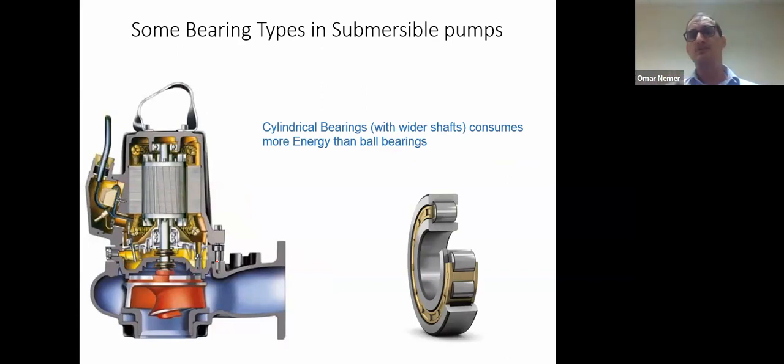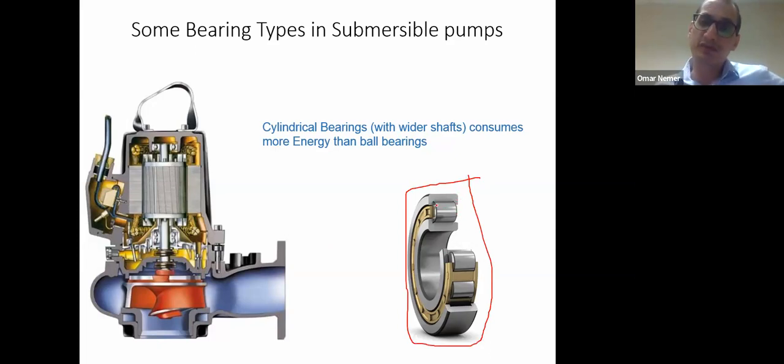But some types of submersible pumps, especially the big ones, which have very big radial forces inside, use cylindrical bearings. And cylindrical bearings have a higher friction level than ball bearings. So it's like an extra source of losing energy. All these things could affect the overall efficiency of submersible pumps.